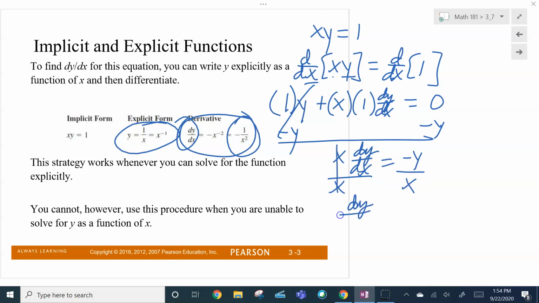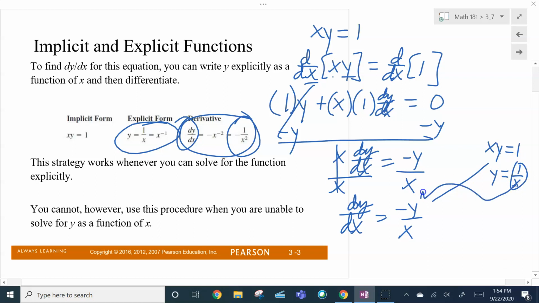Now I know this doesn't look the same right now, but it is, because we know xy equals 1. In other words, y is 1 over x. So when I substitute that in for y, this becomes negative 1 over x squared. See that? So we did it.